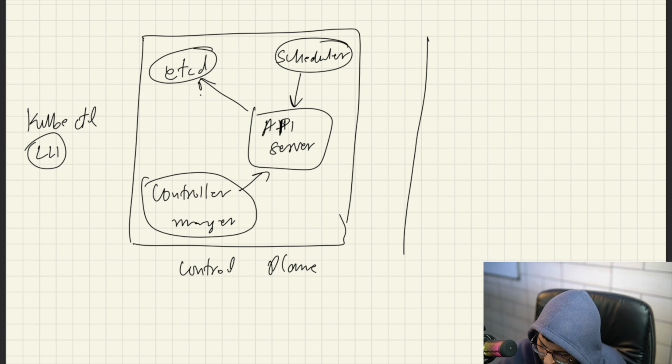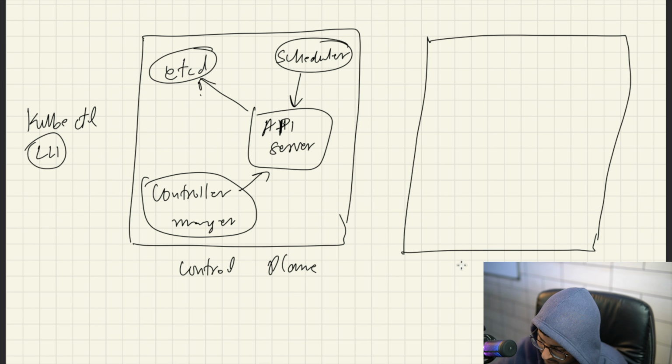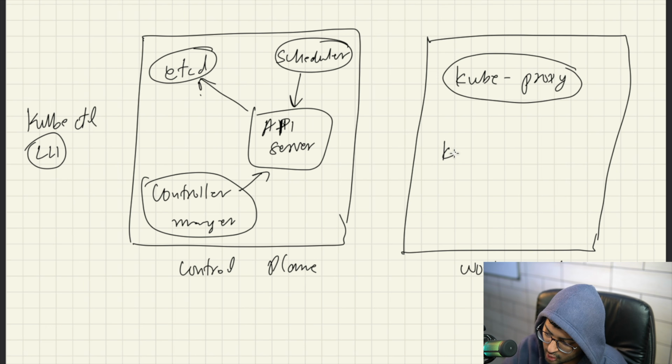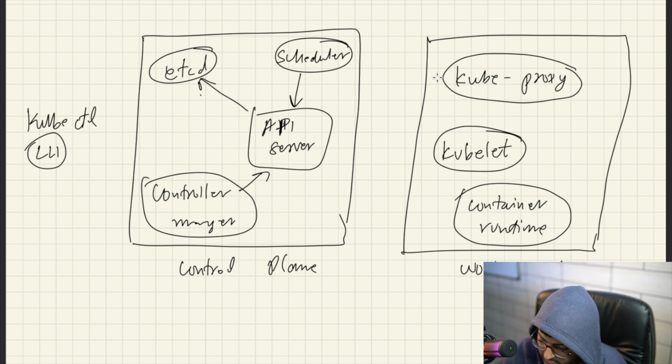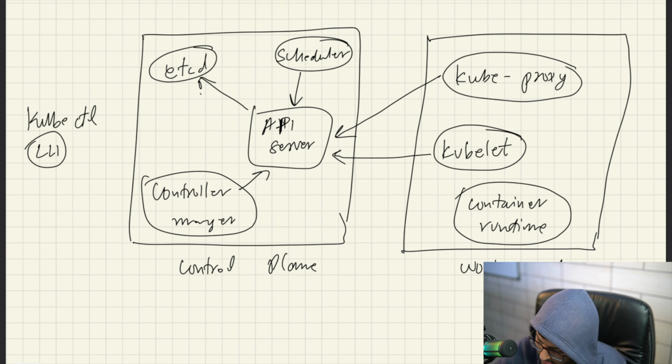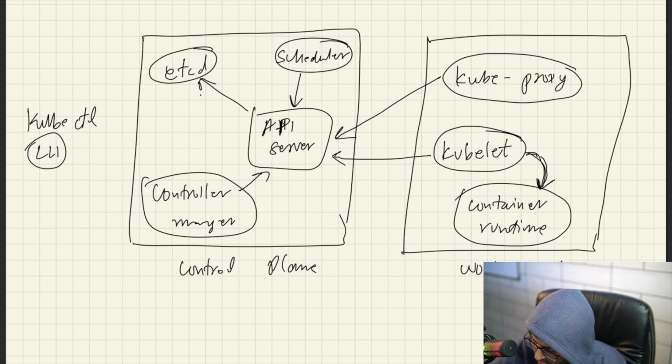Let's talk about what the architecture of a worker node looks like. A worker node has a kube proxy. We'll talk more about this later. Kube proxy. Okay, kubelet. And a container runtime. This communicates with the API server, and this also communicates with the API server, and kubelet communicates with the container runtime.